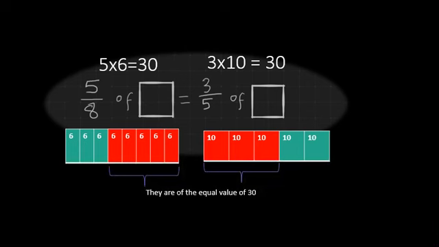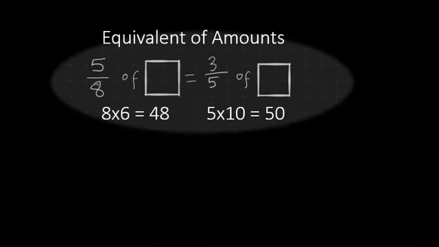Now I've got to do the reverse part of what you would have normally done. Let's have a look at the next part. So if this was worth 6, 6, 6, 6, 6, that must mean that 6 multiplied by 8 will give me the total amount. Here we go.